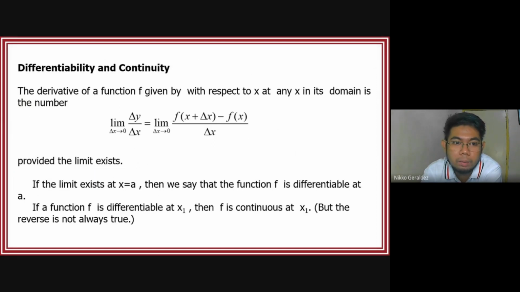Then, we have differentiability and continuity. So, the derivative of a function f with respect to x, at any x in its domain, is the number, limit of delta y over delta x as delta x approaches 0. Or we have the limit of f of x plus delta x minus f of x over delta x as delta x approaches 0.